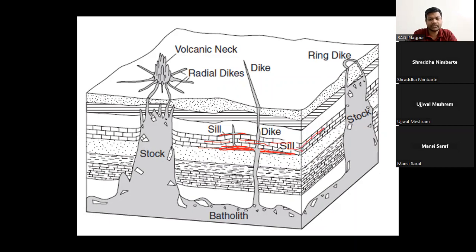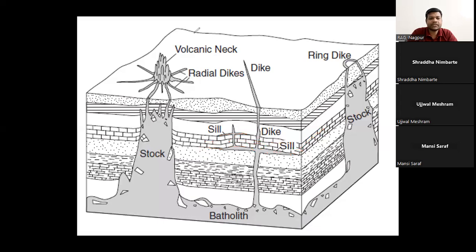The country rock is the rock in which the magma or the lava gets intruded, right? The magma will align itself along the bedding in the country rock or the planes of weakness in the country rock. So that will be called a sill.